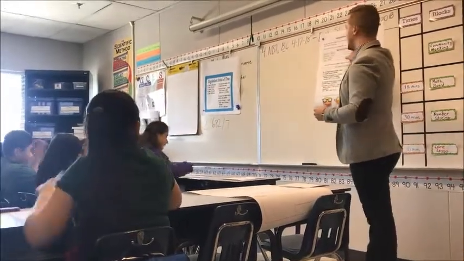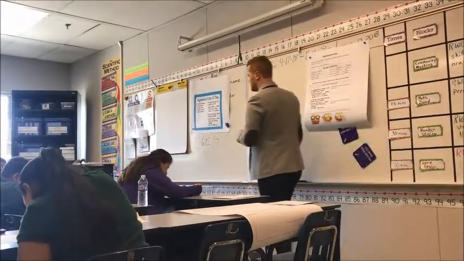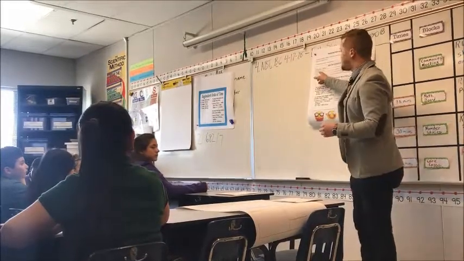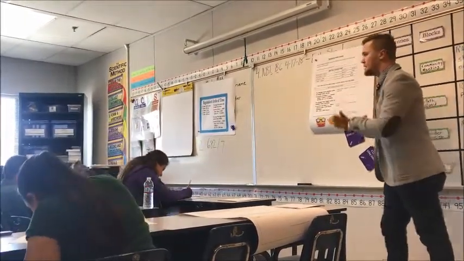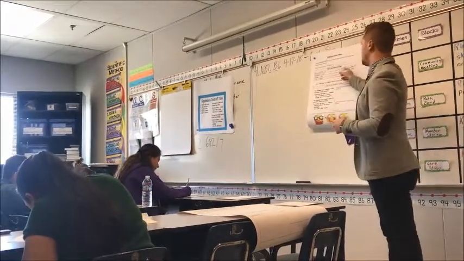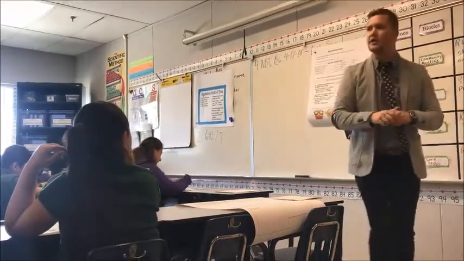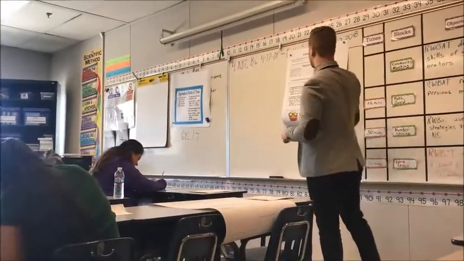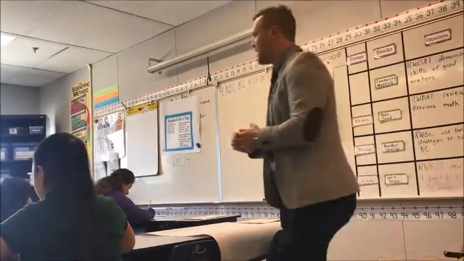Now write that down. 60 minutes equals 1 hour. 60 minutes equals? 1 hour. Let's put it in there. 24 hours equals 1 day. 24 hours equals? 1 day. Let's write it in. 7 days equals 1 week. 7 days equals? 1 week.